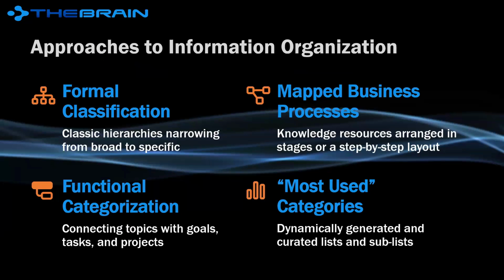Formal classification tends to be very hierarchical in nature, where you start with a general topic and then drill down into specifics. Formal classification can actually be done really nicely with AI, because you can start, and we'll get into our AI settings, by selecting categories of your topic of interest, and then build the knowledge from general to specific.